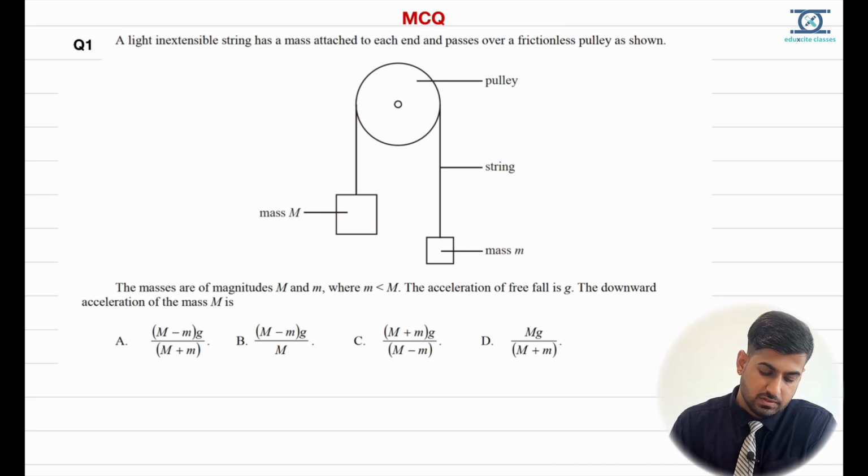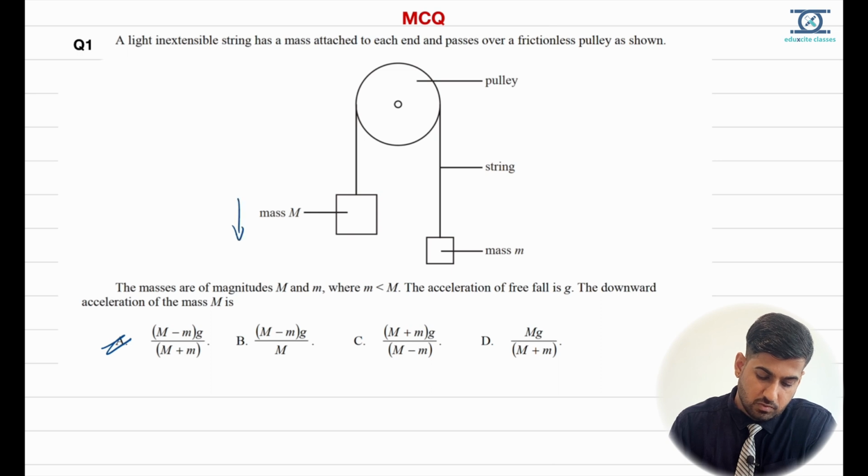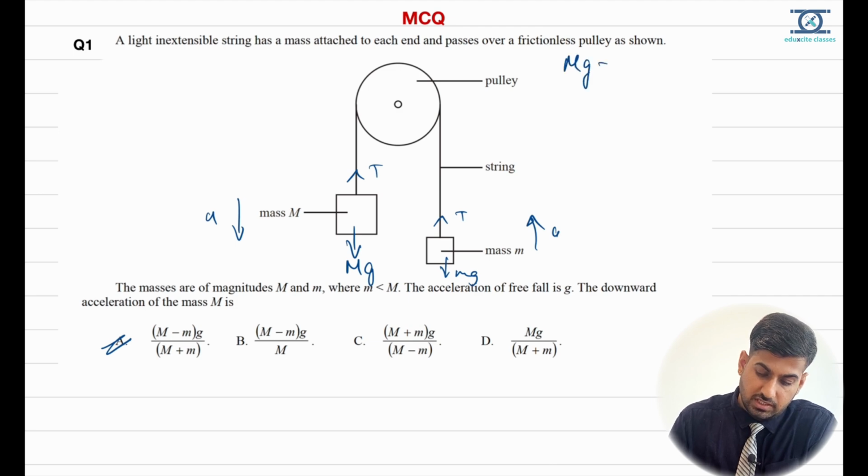The answer for the first MCQ is A. You can just draw the free body diagram. It is mentioned that capital M is greater, so it moves in this direction. So I can make the equations: Mg minus T is equal to Ma, and T minus mg is equal to ma.